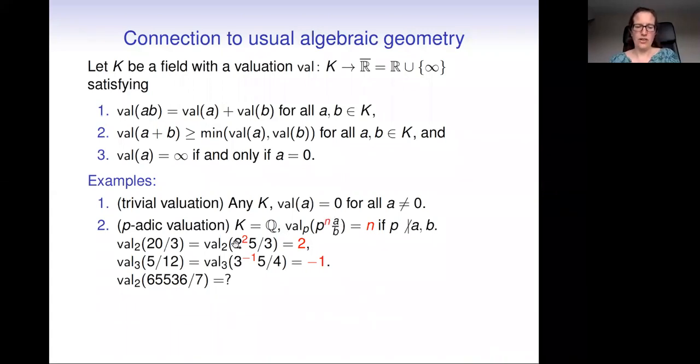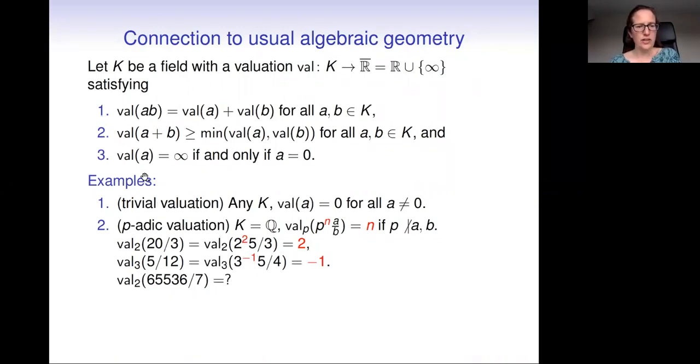So for example, for the 2-adic valuation of 20/3, I write 20/3 as 2 squared times 5 divided by 3. That means I can see a 2 squared, so the valuation is 2. The 3-adic valuation of 5/12: I write 5/12 as 3 to the minus 1 times 5 divided by 4. And I get the exponent being minus 1. So I get some examples.